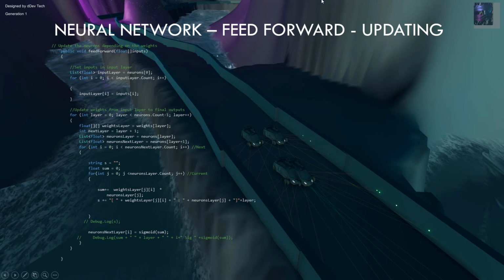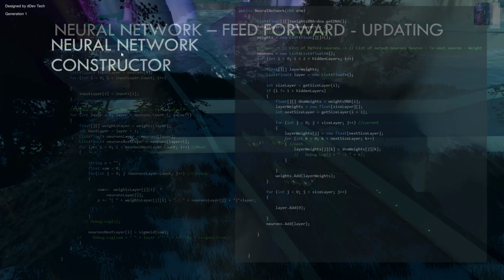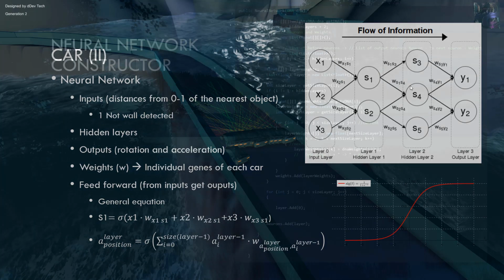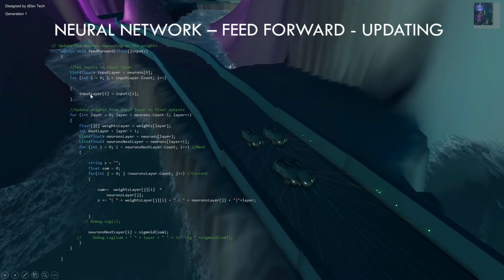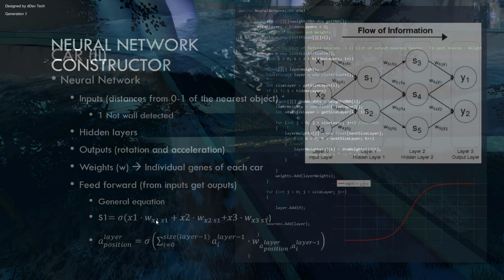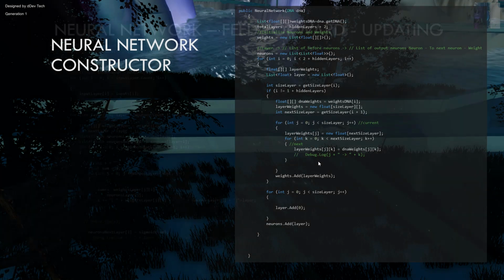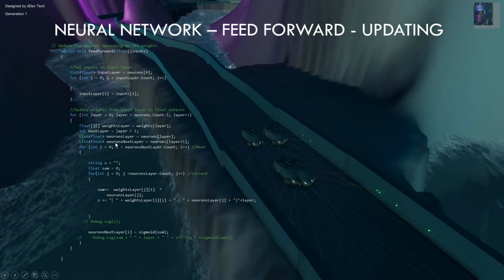And finally, we'll have the updating of the neural network. I put here a code that, with the inputs that I have explained before, and the weights, so the genes, we'll get the output. We'll iterate through all the layers, do this equation through each layer and each neuron also.